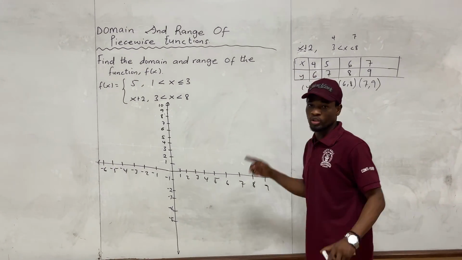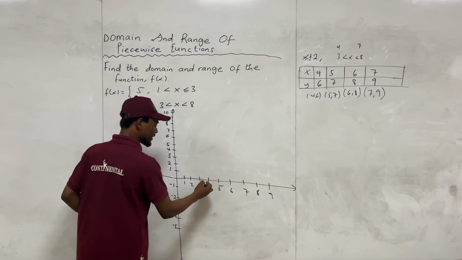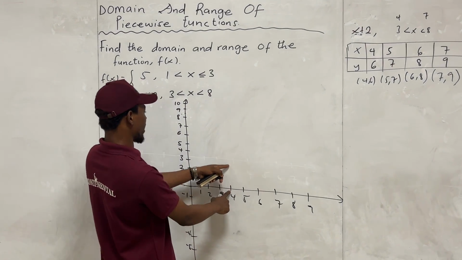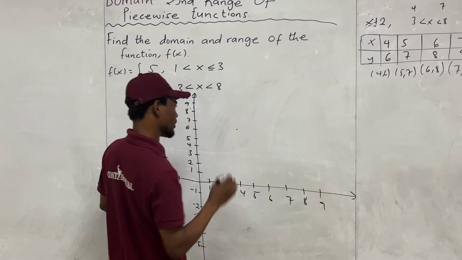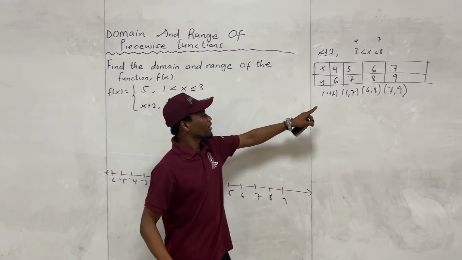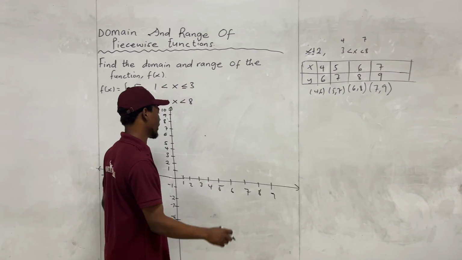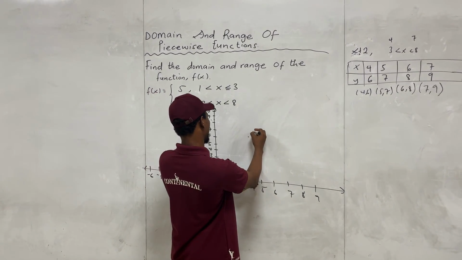So let's do the plotting. 4, 6. This is my 4, and 6 is somewhere here. Permit me, it's not drawn to scale. Then I have 5, 7. So we have 5 here, then 7 somewhere here.